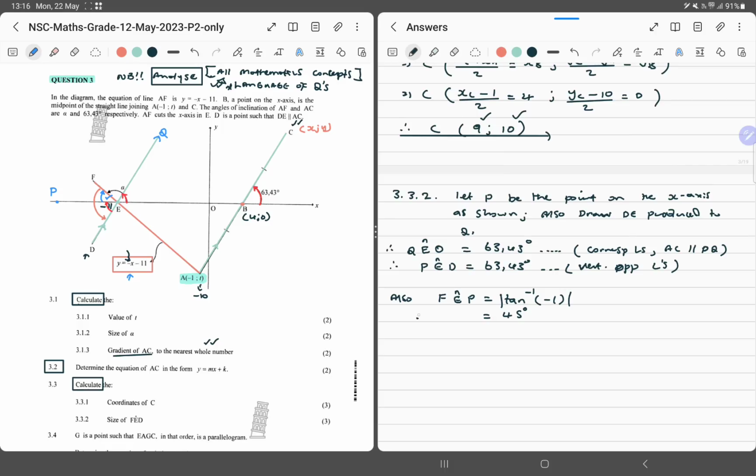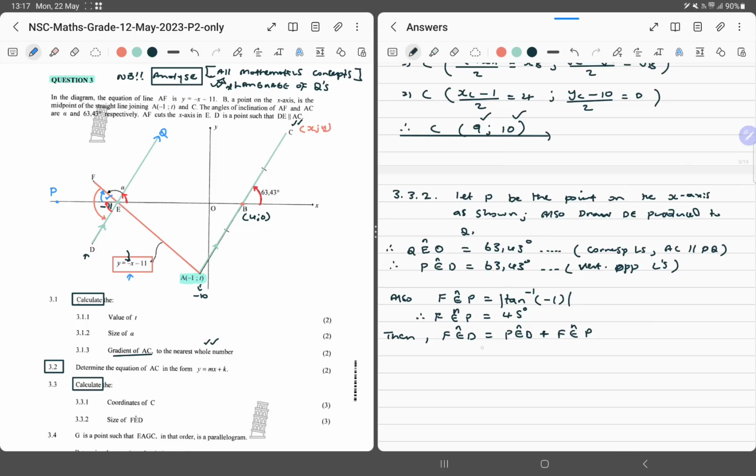Now, what do we know? Now we can say that FED is essentially going to be equal to PED plus FEP.